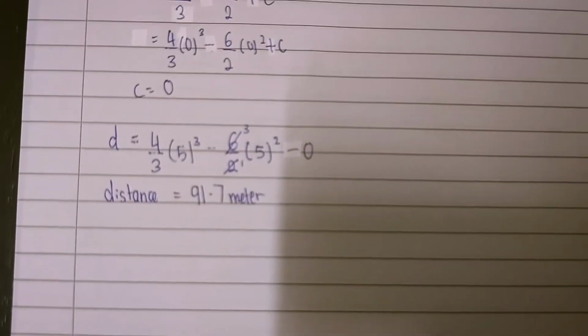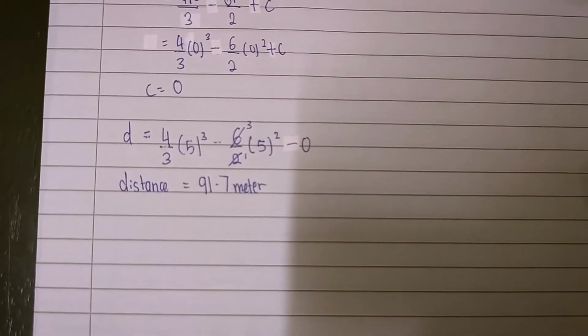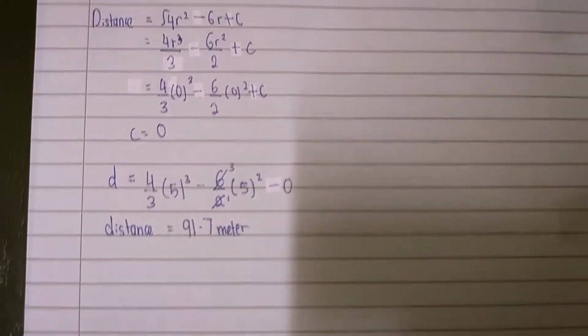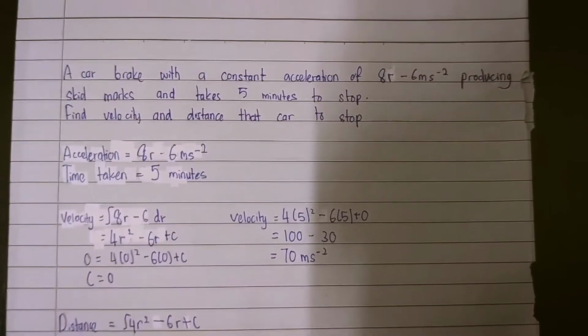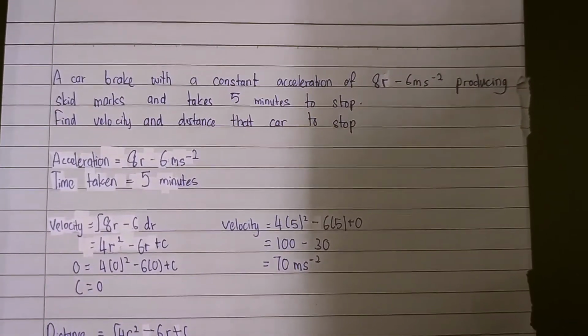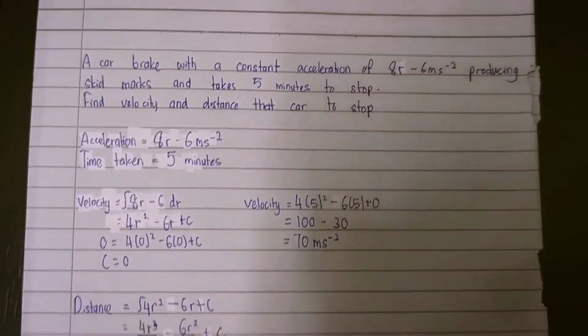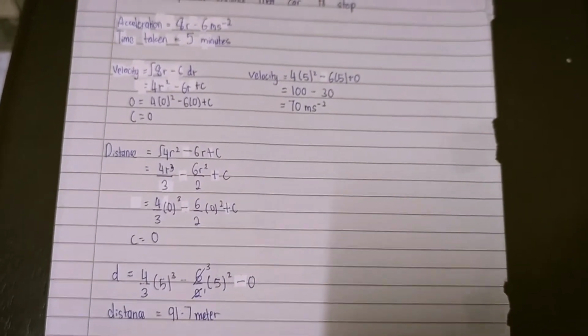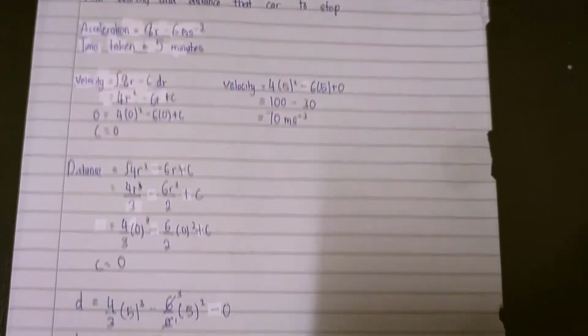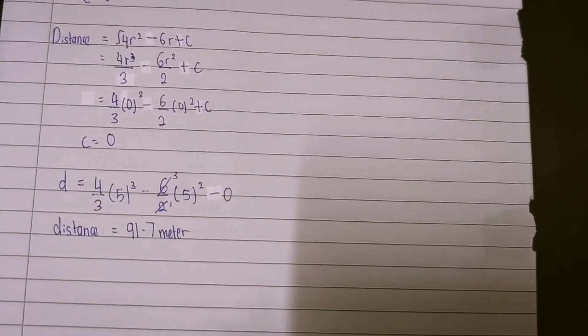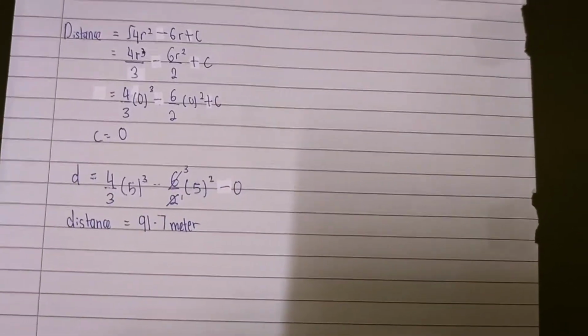So the final answer is 91.7 meters. The velocity is 70 m/s², and the distance for the car to stop is 91.7 meters.